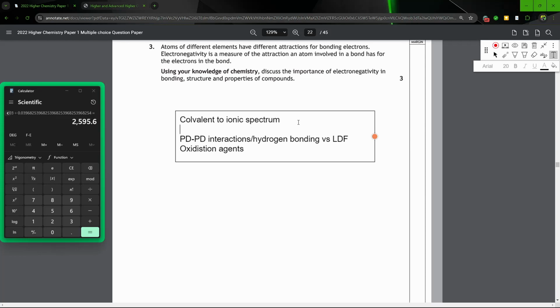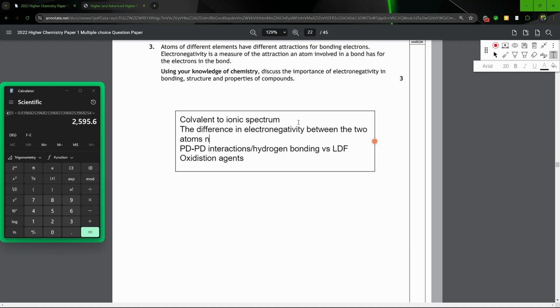So the difference in electronegativity between two atoms in a chemical bond determines the type of bond.